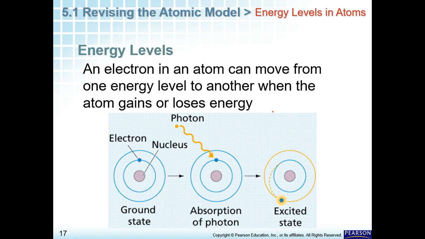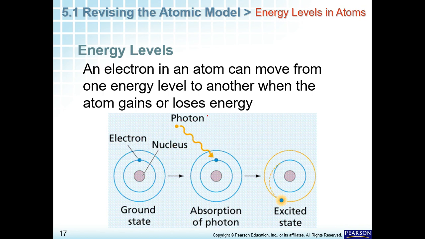Now, in terms of the Bohr model, it also explains why we see characteristic light. And the way it does this is by talking about electrons moving energy levels. So an electron can actually move from one energy level to another if it gains or loses energy. So here is an example of an atom, and the electron is in the first energy level.